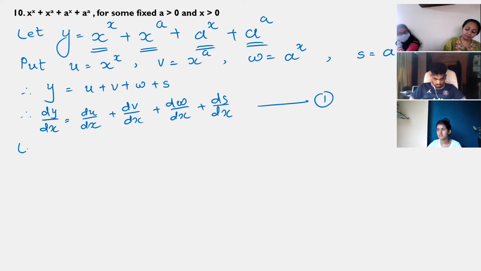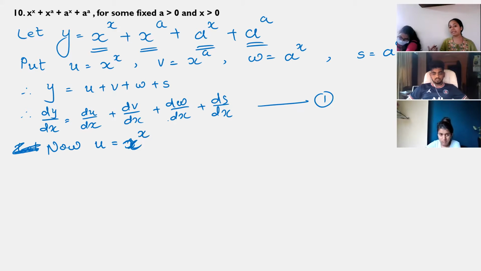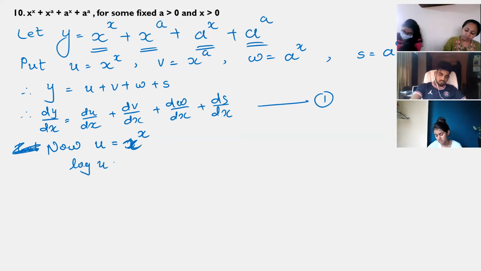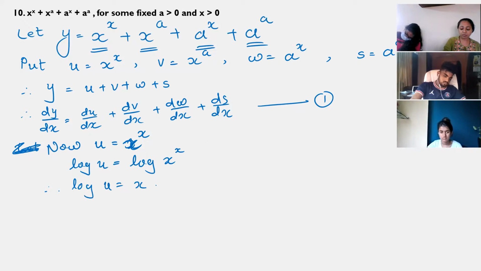So let us take the first one. Now u is equal to x to the power x. Obviously x is in the power. We have to take log on both sides. So log u is equal to log of x to the power x. That means here log u as it is, but that power is going to multiply with log x.